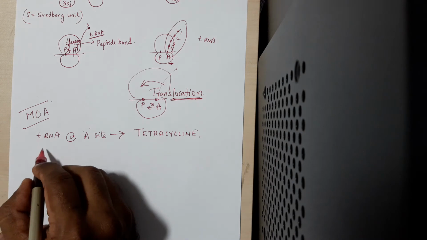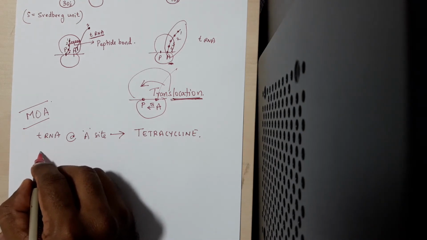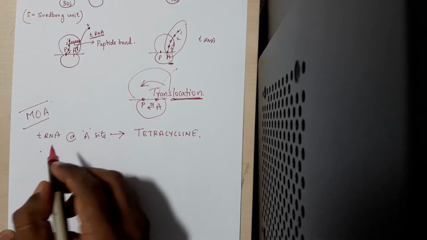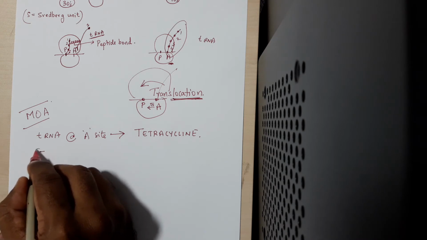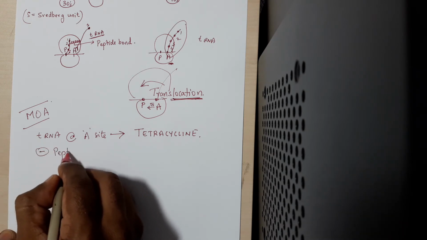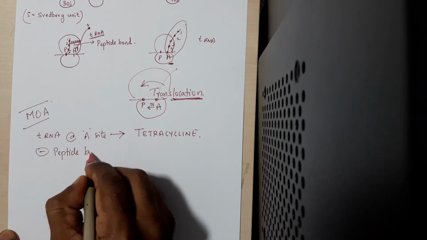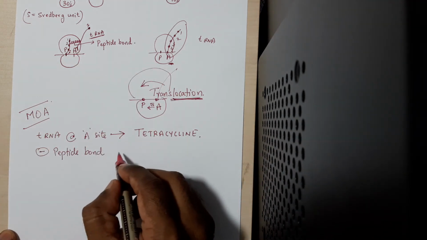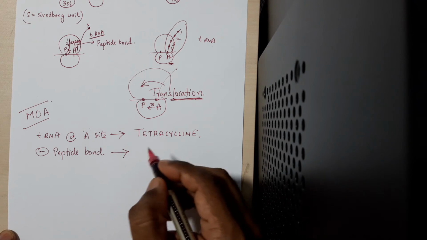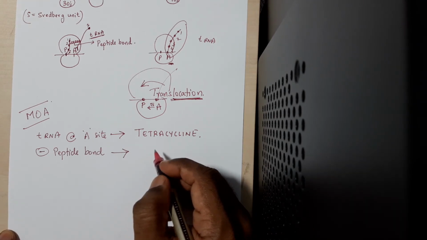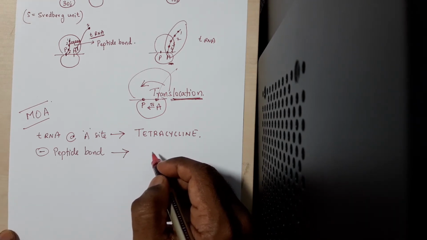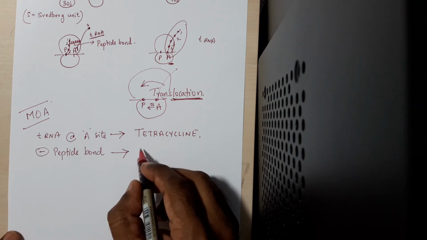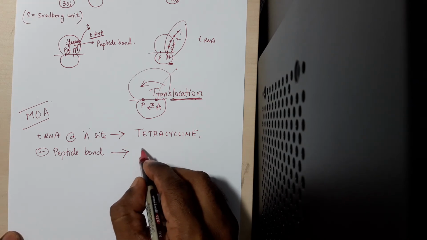Next one is peptide bond inhibition. What drug will cause inhibition of peptide bond formation between the P site and A site amino acids? Yes, even this is finished for you. Even this is a broad spectrum antibiotic. It is chloramphenicol.